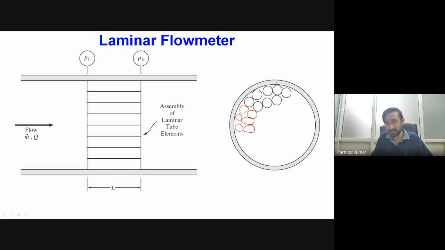So over here you can see, for example, initially while the flow was happening through this entire tube, we were having a diameter of d, and now the diameter of this tube will be very small.